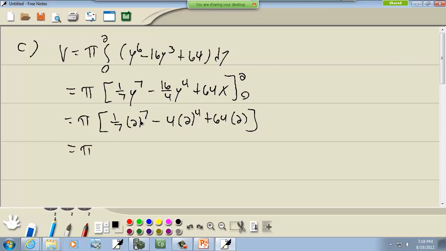2, 4, 8, 16, 32, 64, 128 over 7. Minus 2, 4, 8, 16 times 4 is 64. Plus 128. Which gives us 128 over 7 plus 64.